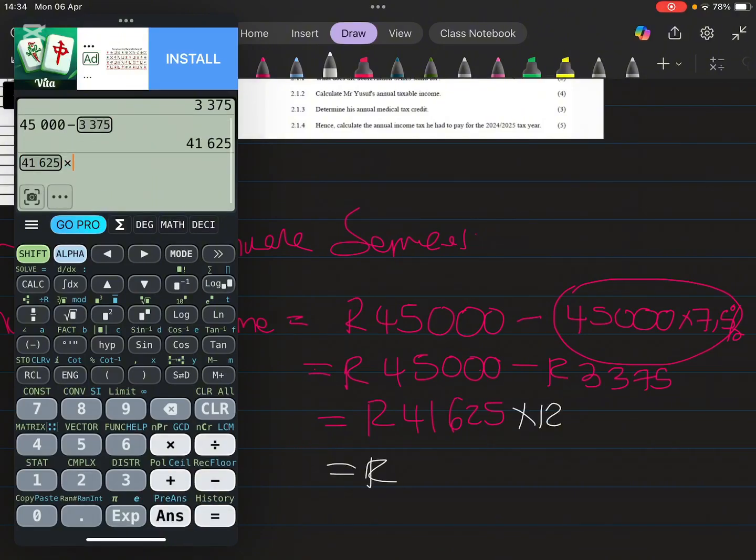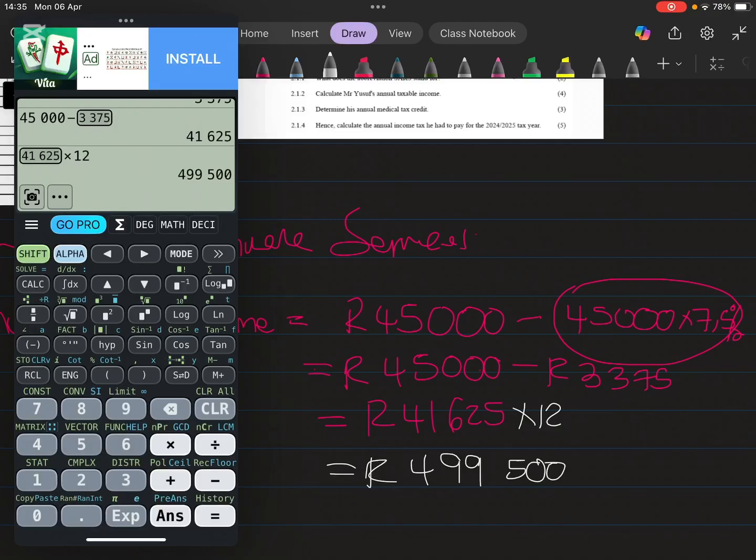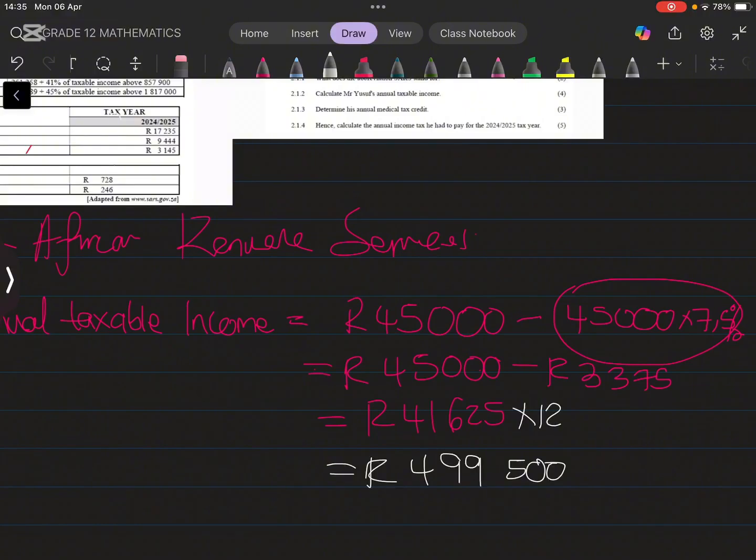So annually he is going to be charged 499,500. That is the amount of money that he is going to be charged tax based on.